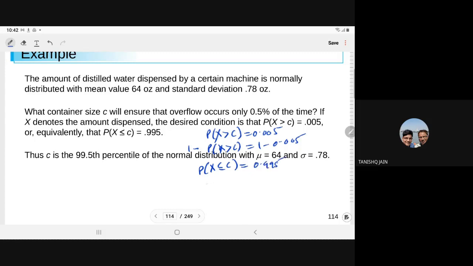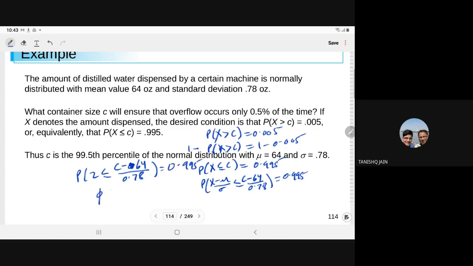0.995. If you do X minus mu upon sigma, C minus 64 upon 0.78, this can be written as the probability that Z is less than or equal to C minus 64 upon 0.78, equal to 0.995.